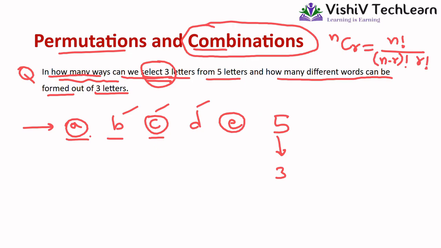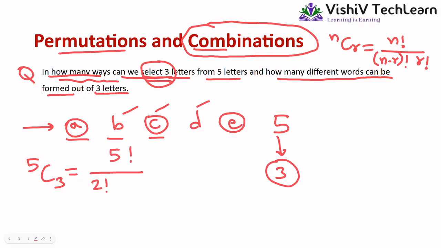Okay, so in this case 5 letters are there and we have to select 3. So let's apply the formula. So the formula will be 5C3. So from 5 letters we have to select 3, and this gives 5 factorial upon 5 minus 3 factorial, which is 2 factorial, multiplied by 3 factorial.